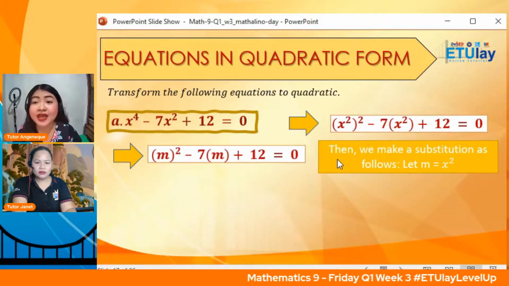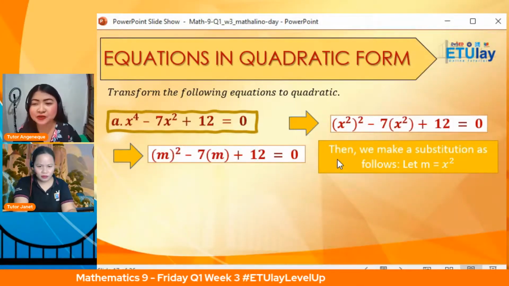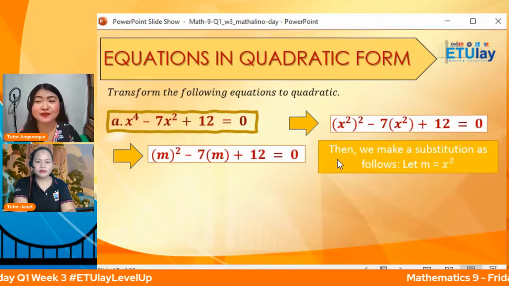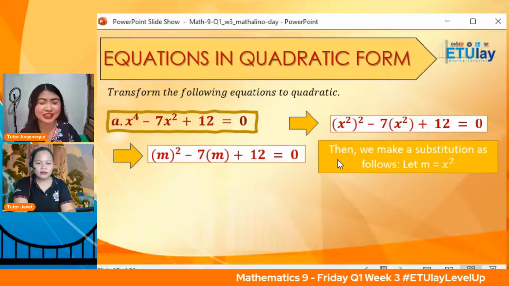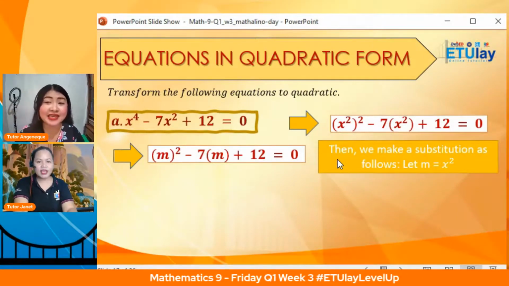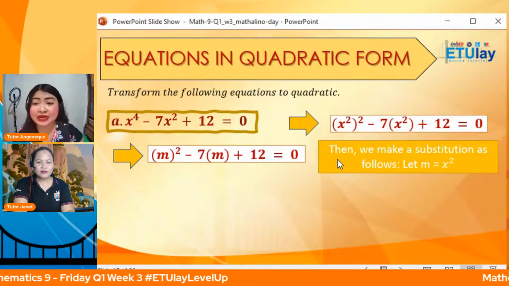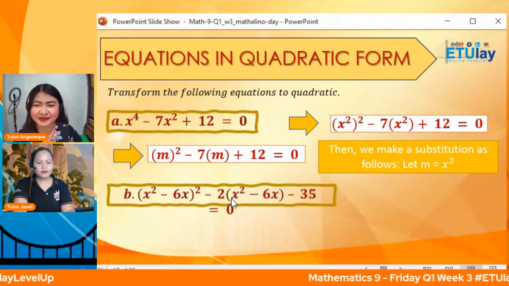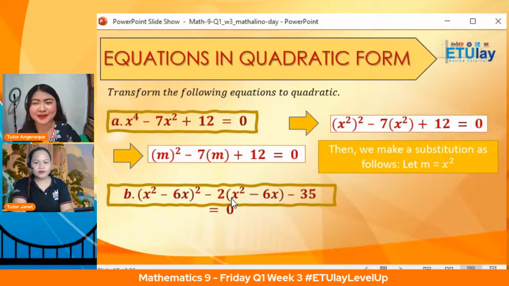So we will have m squared minus 7 times m plus 12 equals 0. So napapansin natin, quadratic form na siya. Pero wag nating kakalimutan yung original equation, kasi gagamitin natin yan to solve the equation later on.